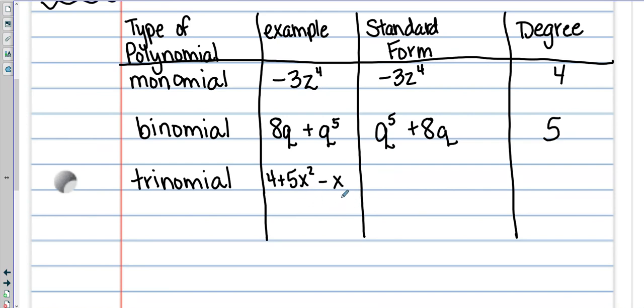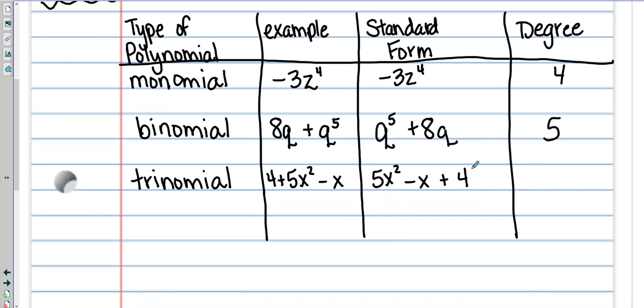So we're going to look at the variables. Here I have x to the 2nd power and x to the 1st power. So the greatest one is this 2, so that's going to go first. So it's 5x to the 2nd power. Next is going to be minus x. And then the constant always goes last. That's always at the end, okay?